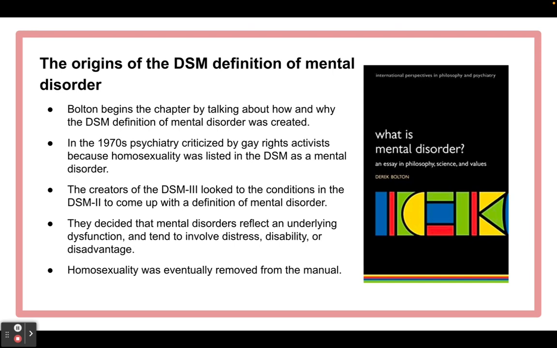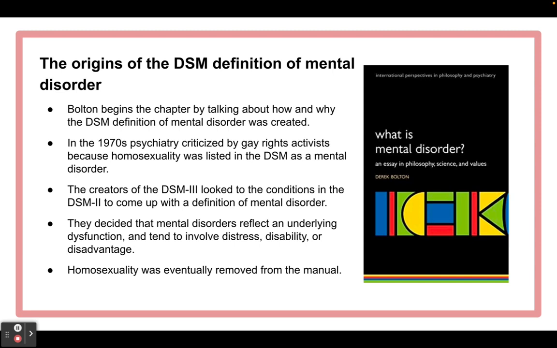So this prompted the creators of the DSM to consider, well, what is a mental disorder? Because up until DSM-3, there was no definition of mental disorder in the DSM. So the creators of DSM-3 looked to the conditions in DSM-2 to come up with a definition of mental disorder, and they decided that mental disorders reflect an underlying dysfunction and tend to involve distress, disability, or disadvantage.